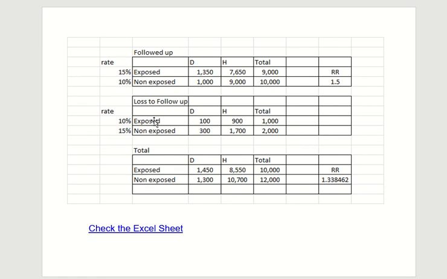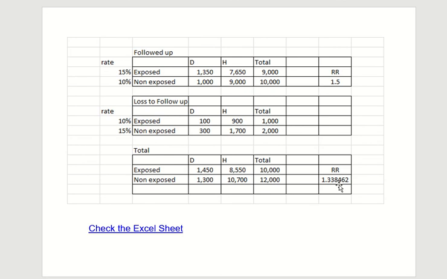Those that you lost, you give a hypothetical risk in the exposed and a hypothetical risk in the non-exposed, and then you merge them to get an idea of how your results would have looked if everybody remained in the study. So in the hypothetical scenario where the outcome is occurring at the total reversal than in those that remained, when you combine them, the relative risk comes out to be 1.34.